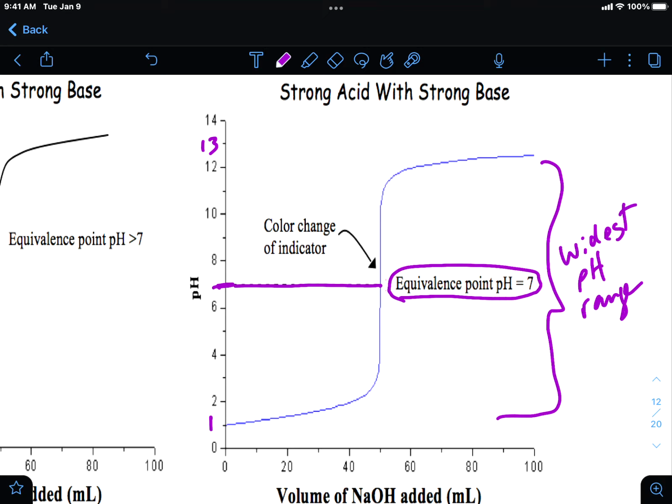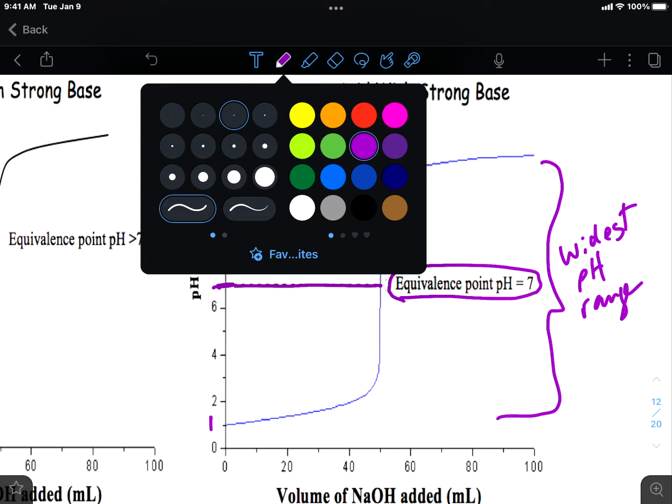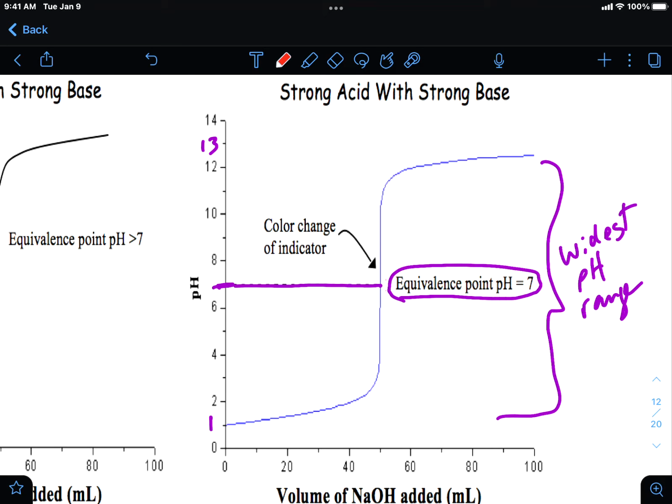The equivalence point is found a couple of ways. Here it's the midpoint of the vertical stretch, right? The midpoint. It's kind of hard to judge the midpoint of a straight line, and that is why when we were carrying this out in lab, what we did was we took the derivative. You guys remember that? We took the first derivative, and when we did that, if I were to do that over here in the same color, your derivative would look like this, right?